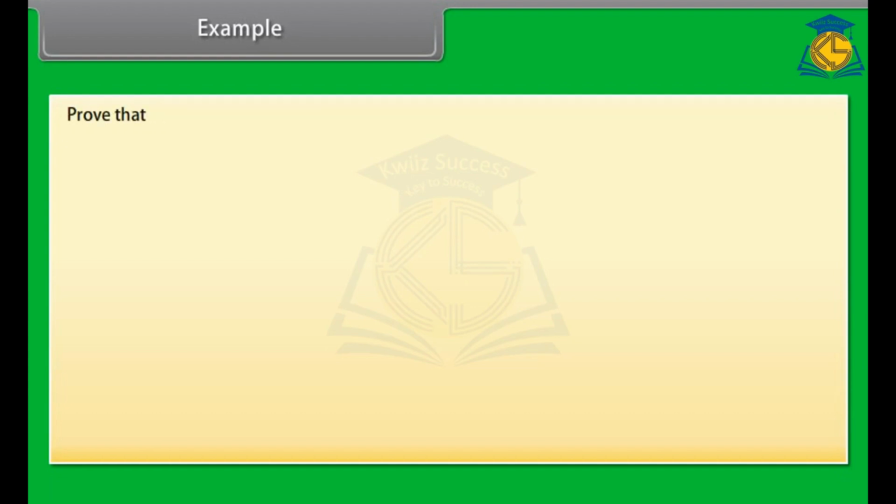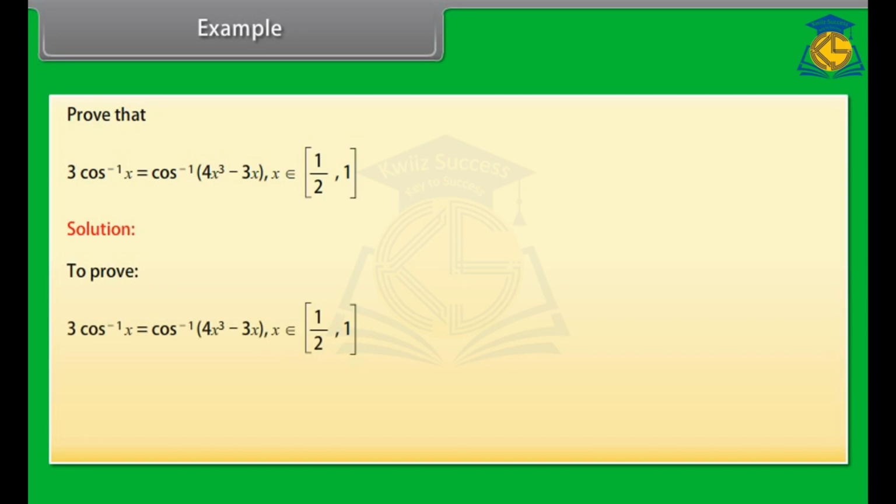Prove that 3 cos inverse x is equal to cos inverse of 4x cube minus 3x, where x belongs to [1 by 2, 1]. Solution. To prove 3 cos inverse x is equal to cos inverse of 4x cube minus 3x, where x belongs to [1 by 2, 1].